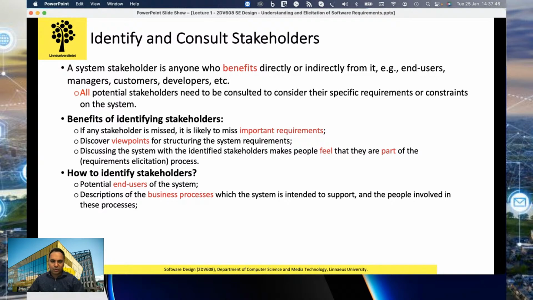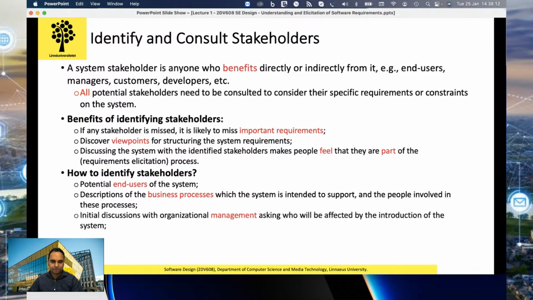So you should also know their business process in order to identify stakeholders, and then go to those stakeholders from that business process to elicit their requirements. So basically you should identify all the people who are part of the business process in the organization for which we are developing this system, this e-commerce system, let's say.